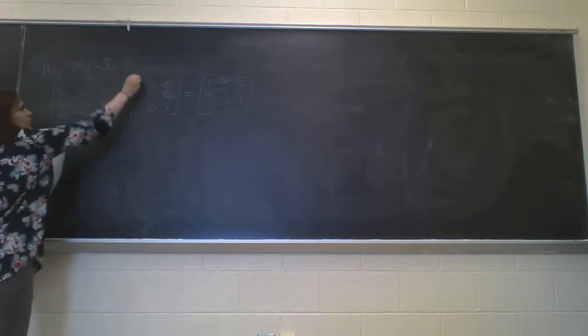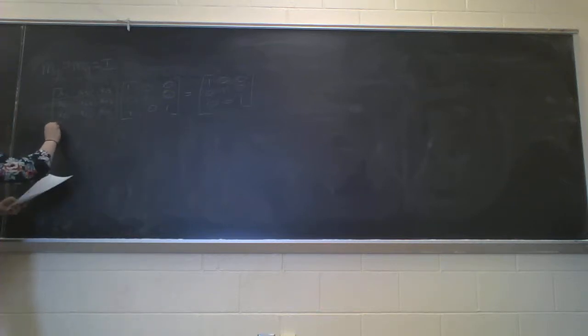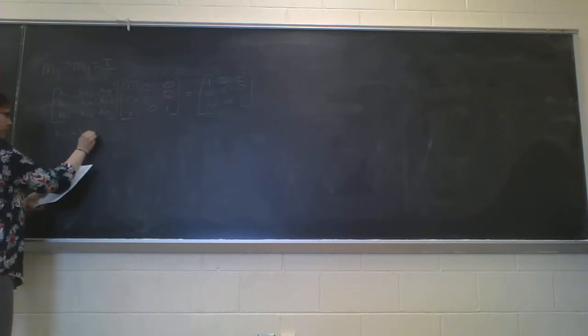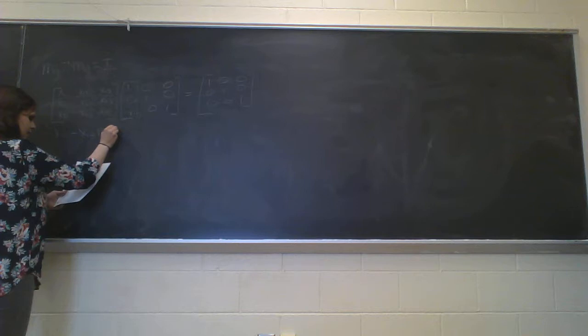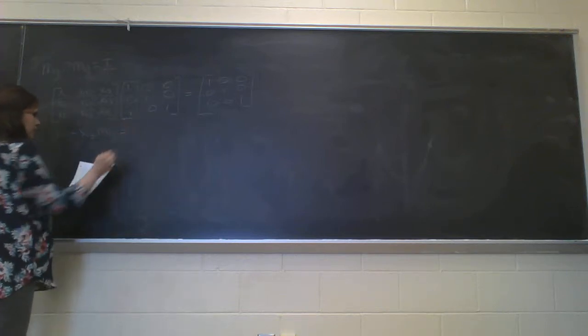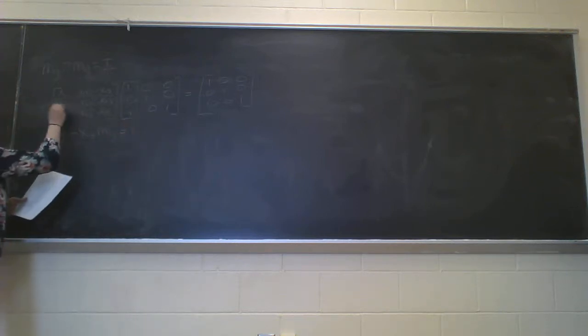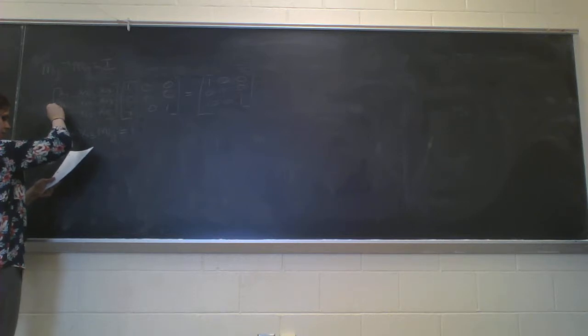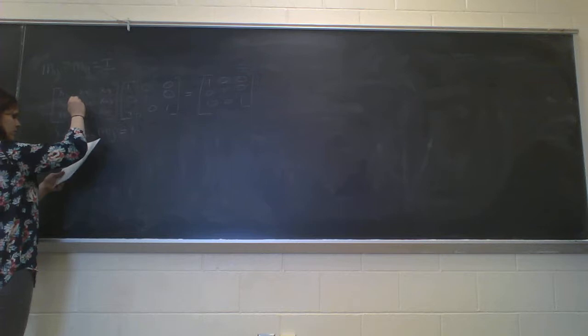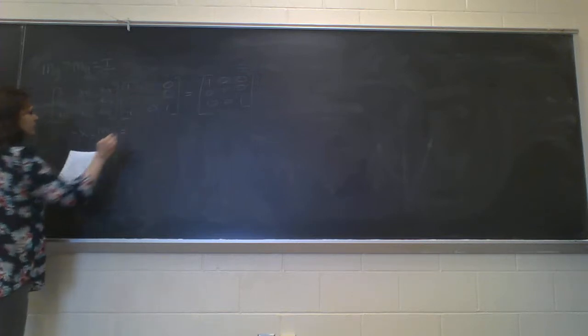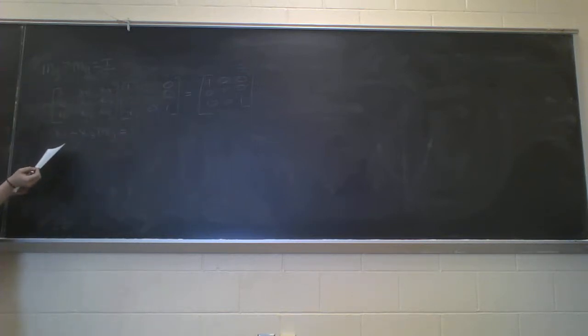So multiply this row times this column: x11 minus x13 Mij equal to 1. And now I'll multiply this one times this one.